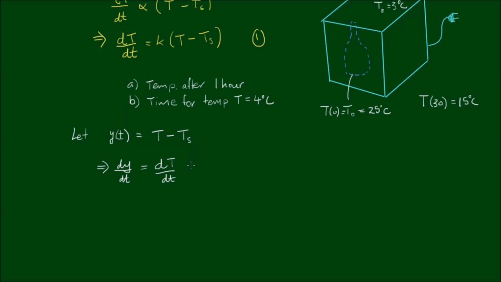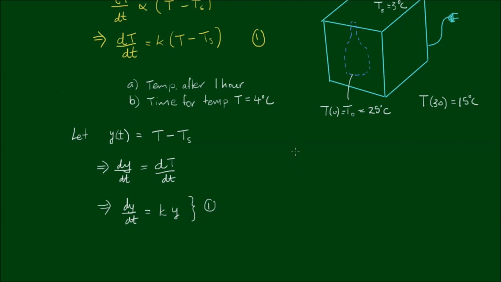T sub S being constant differentiates to 0, and that simplifies our equation a little bit to dy on dt equals ky. And that's simply just by substituting these terms into equation 1.